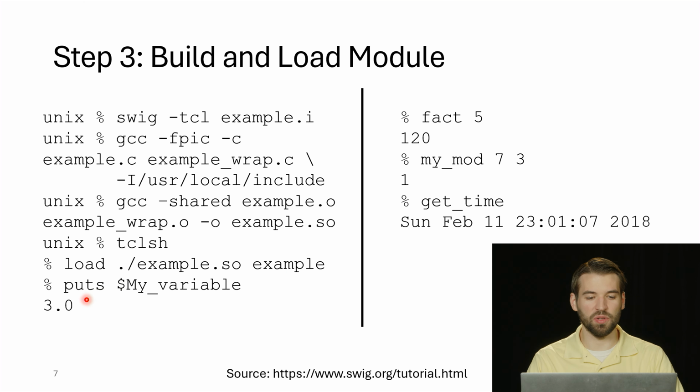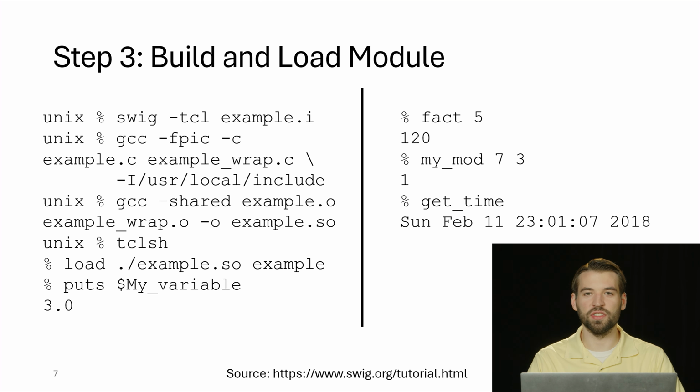As a quick example, you can print the contents of myVariable, and in this case it's a double, 3. You can also run factorial as a function, fact, with 5 as the input, and you'll get the correct output. You'll get my-mod 7 and 3 correctly printing 1, and then getTime, which also prints the string.